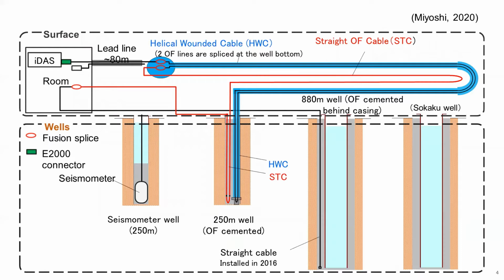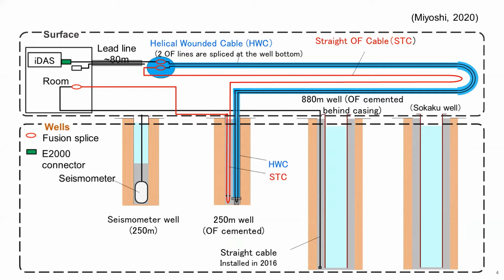Now, here's the field setting of our DAS in Chiba. In general, we have 2 wells. The first is a 250-meter well, where we install 2 DAS cables, the straight cable and the helically wound cable.